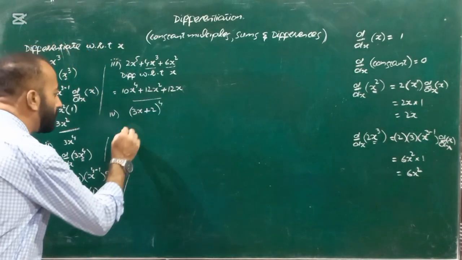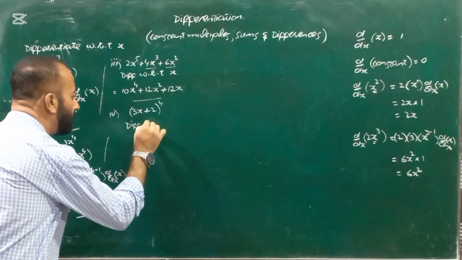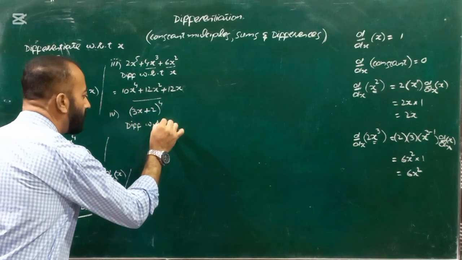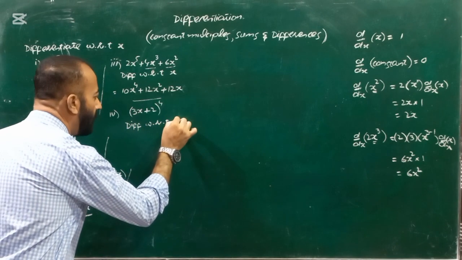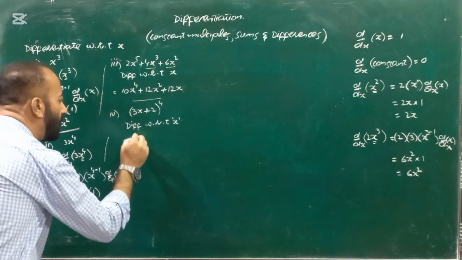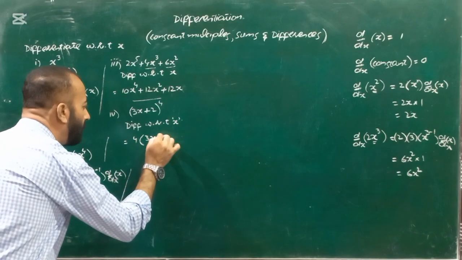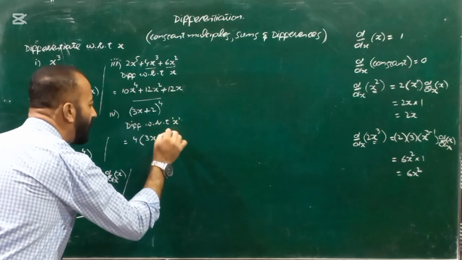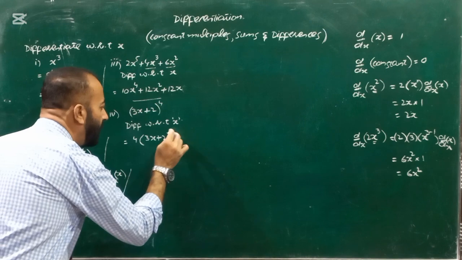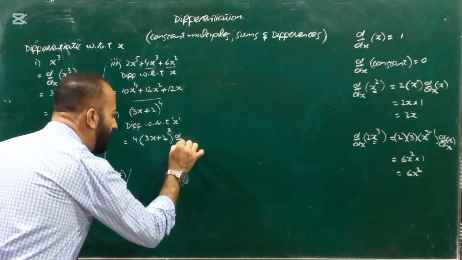So look now, differentiate with respect to x. Power will come down, make 1 less from the power, that will be 3 then, and take the differential of the thing which is having power.